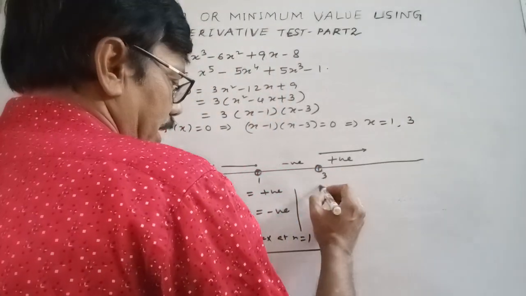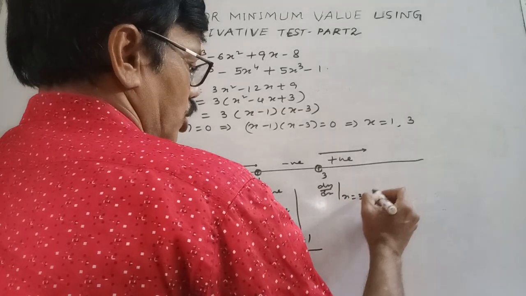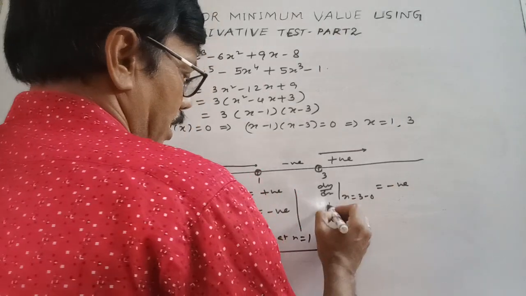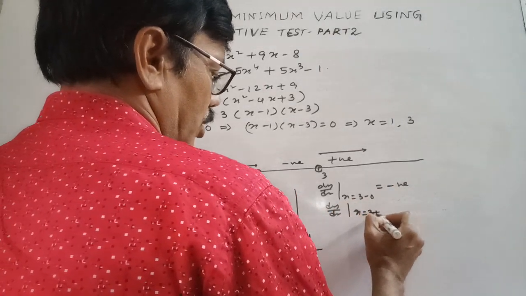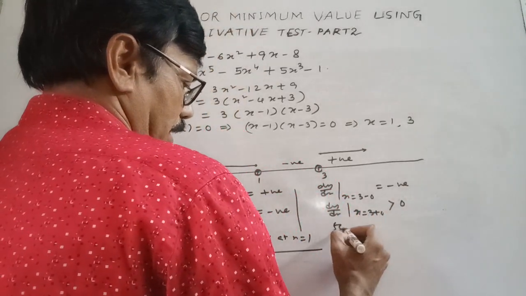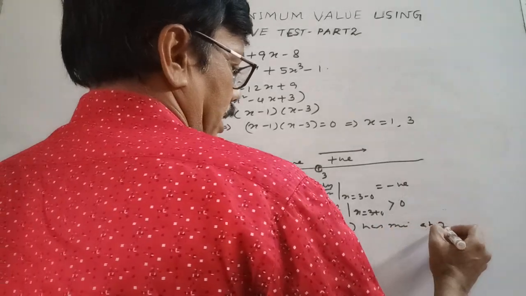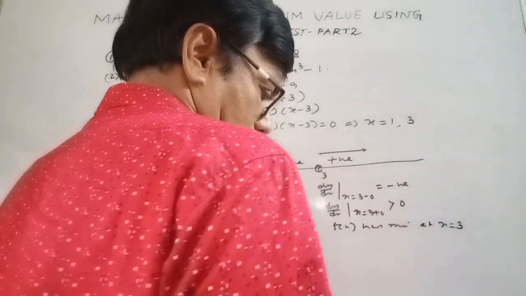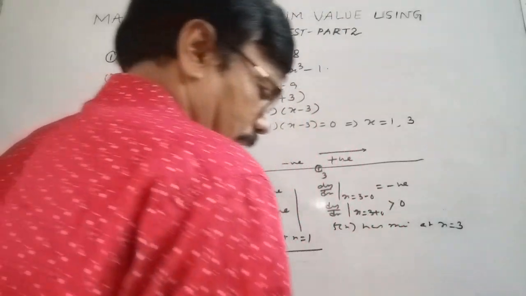And at 3, dy by dx at x equals 3 minus 0 is negative, and at x equals 3 plus 0 it is positive. So f(x) has a minimum value at x equals 3.